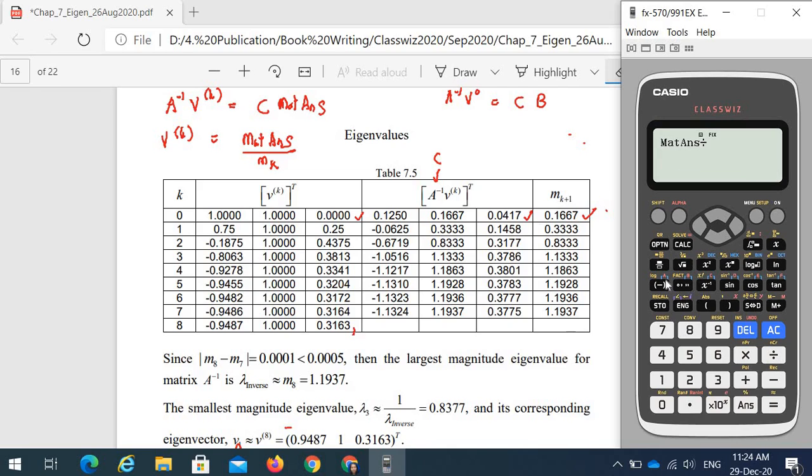Divide by 1 over 6, and this way you now get a very nice 1. Right? So you get here 1.